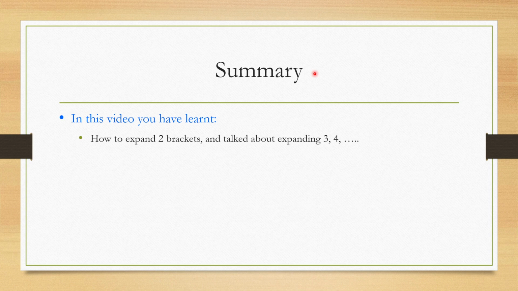So that's what I mean by expanding 3, 4, 5 brackets. It can get hard because there's lots of things to multiply, but if you keep track of everything and write everything down, then you will have no problem.